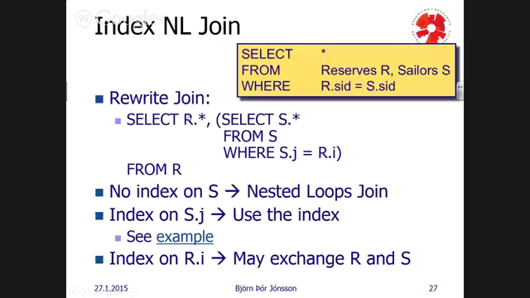Who's doing this? The query optimizer. Exactly. And the query optimizer is basically looking at this plan, saying, what is the cost? It's looking at nested loops join, what's the cost? It's looking at hash joins, estimating what's the cost, and so on. For all the join methods that it has, it's going to try to estimate the cost, and then just pick the cheapest one. We'll go through this on Thursday, when we look at query optimization.